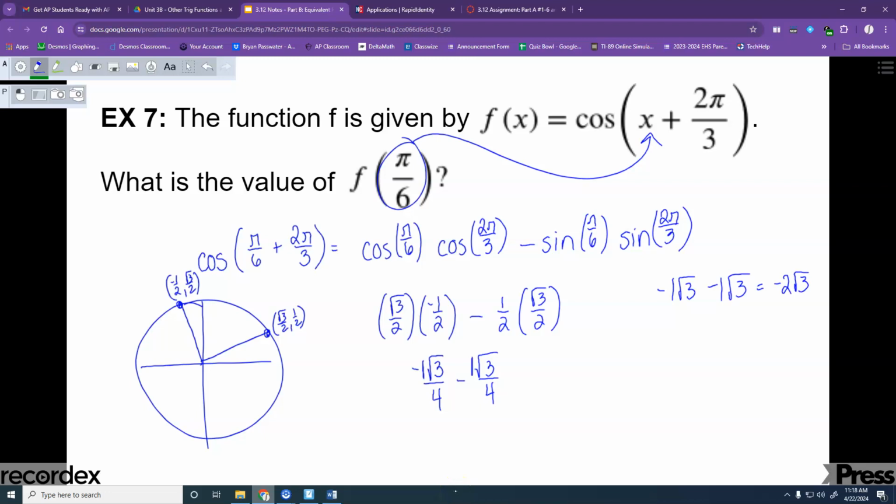They're like terms that you're putting together. And then the denominator just stays the same whenever you add or subtract fractions, so you'll just keep that 4. And then this will reduce. You got 2 over 4, so that would be negative square root of 3 over 2 right there. And that'll be your answer for that.